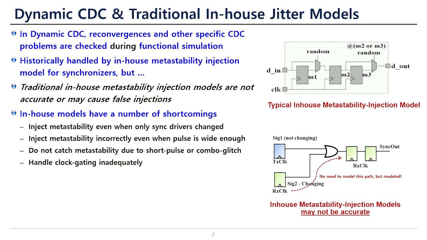But as some of you might know, this style of model has some limitations. Sometimes it can inject false injections, or it does not catch special cases like short pulses or combo glitches.